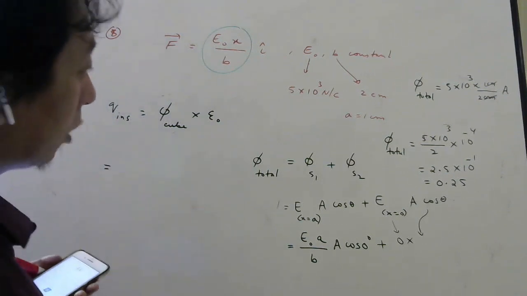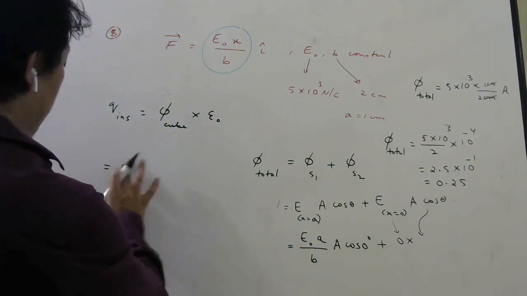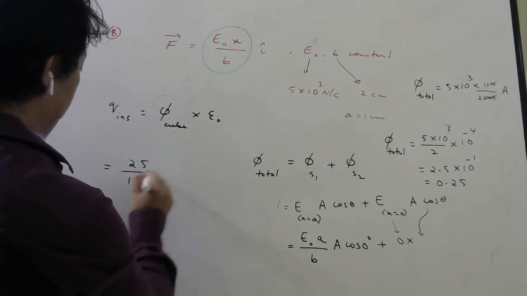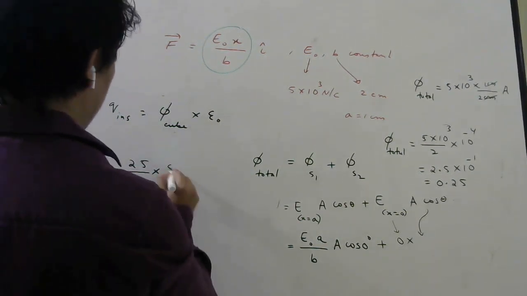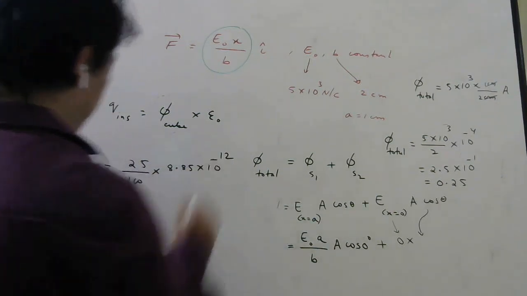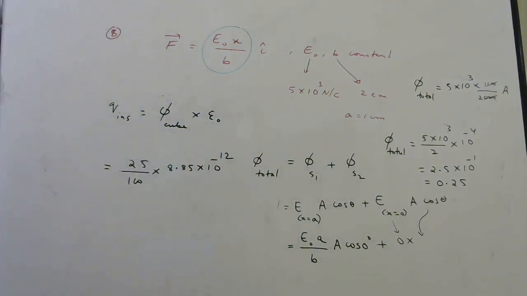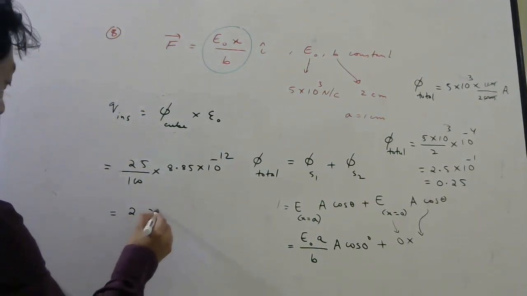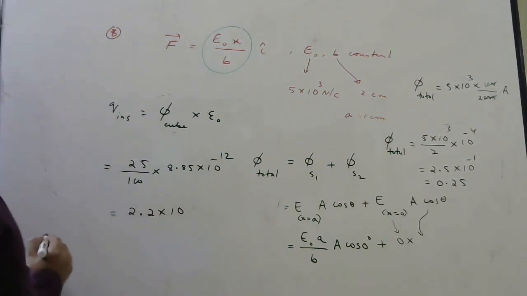Flux through the cube, how much we got? 0.25. So I can write 25 by 100 into epsilon naught, which is 8.85 into 10 power minus 12. So if you simplify, you will get 2.2 into 10 power minus 12.